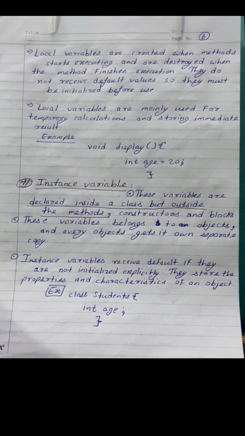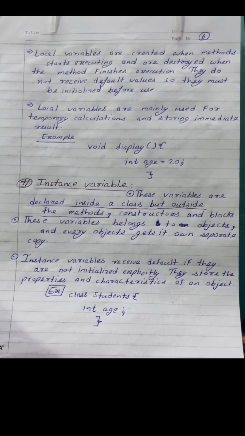So next is the instance variable. So guys, instance variables are declared inside a class but outside methods, constructors, and blocks, and these variables belong to an object, and every object gets its own separate copy. Because of that, instance variables receive default values if they are not initialized explicitly, and they store the properties and characteristics of objects.